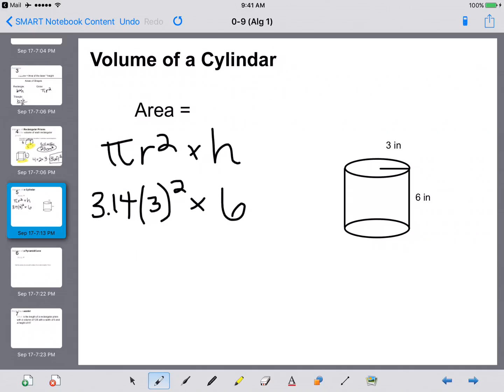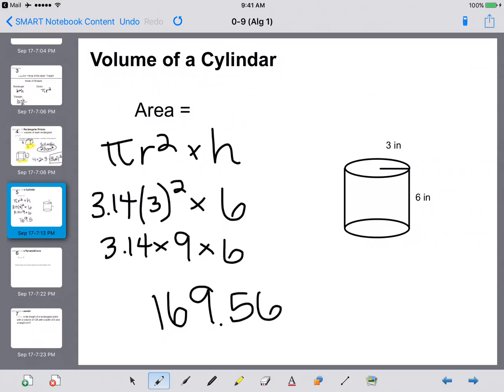PEMDAS wants us to do our 3 squared first, so it'll be 3.14 times 9 times 6. And 3.14 times 9 is 28.26 times 6 gets us a volume of 169.56 inches cubed.